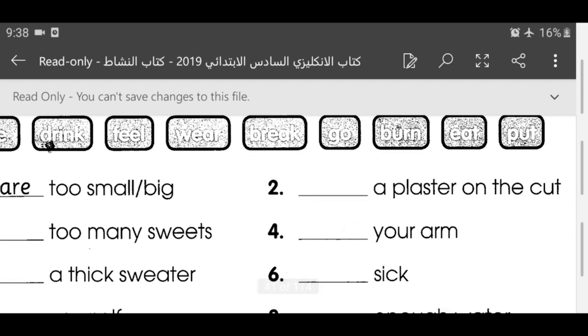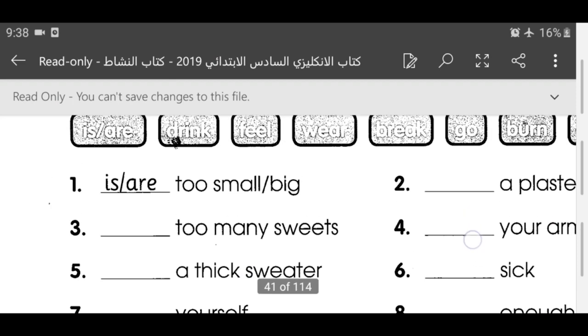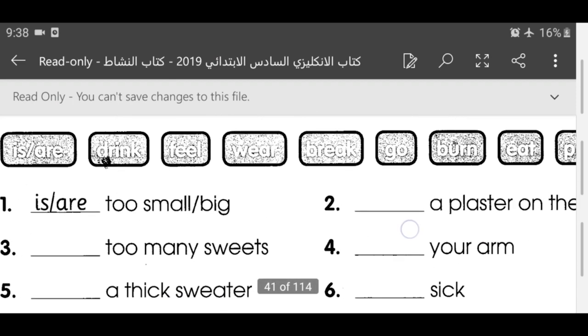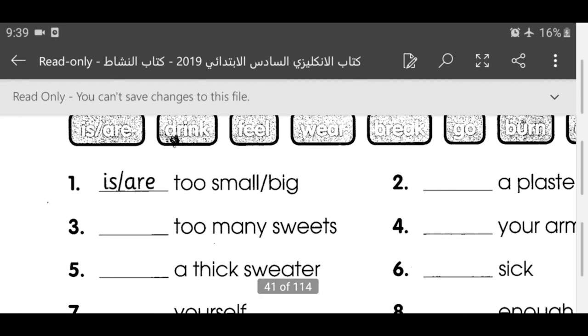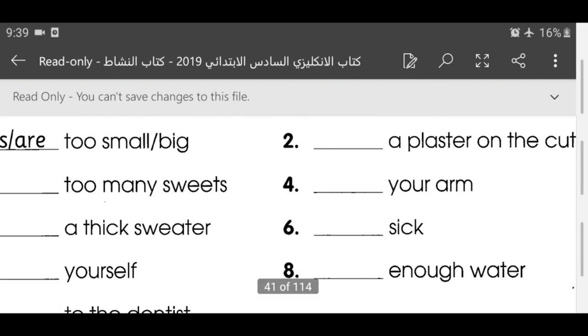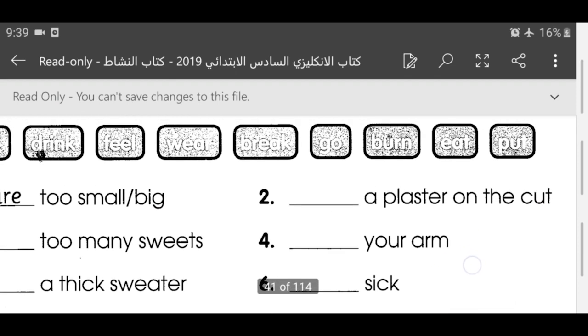Number 4. Your arm, we choose the verb break, break your arm. Number 5, a thick sweater. We choose the verb wear, wear a thick sweater. Number 6, sick. Feel, feel sick.